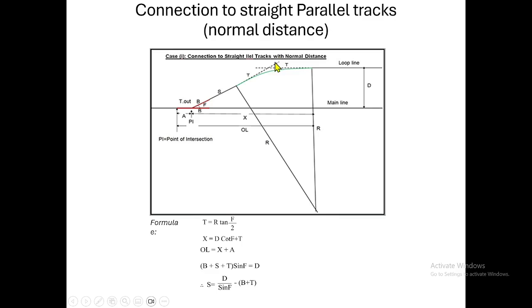Here the deflection angle is equal to F, because the angle of crossing is F. This is a parallel line, so the corresponding angles are equal, and automatically the deflection angle equals F. So using T = R tan(F/2), we can find the tangent length. Next, for finding the distance x, we can take this triangle.